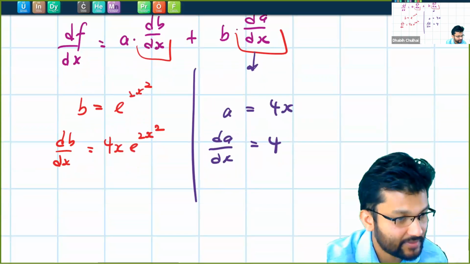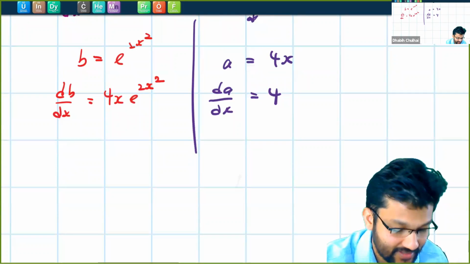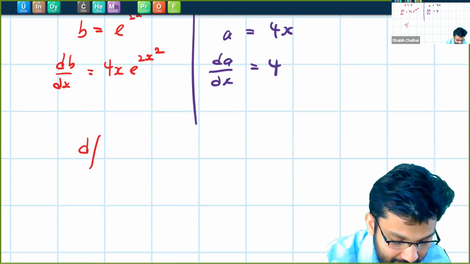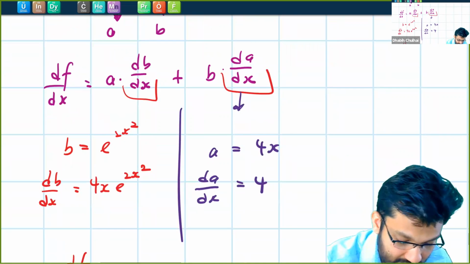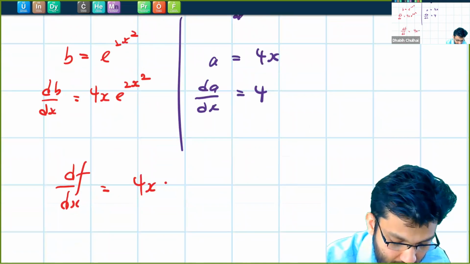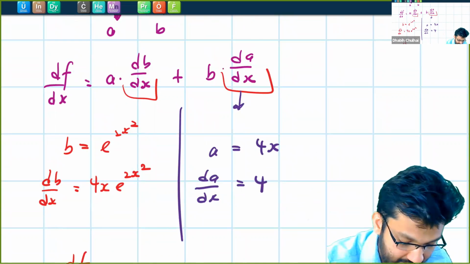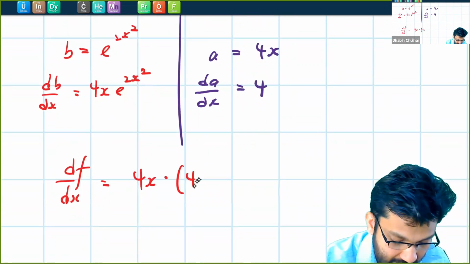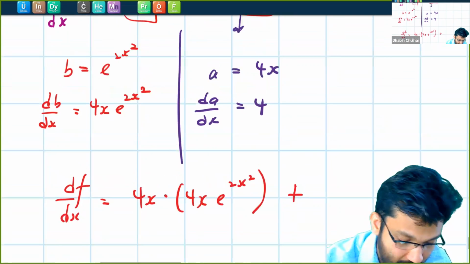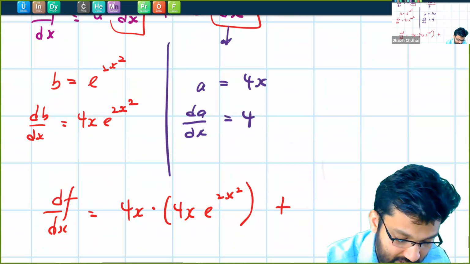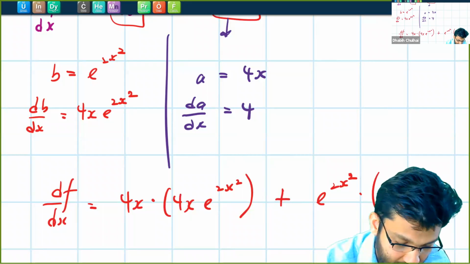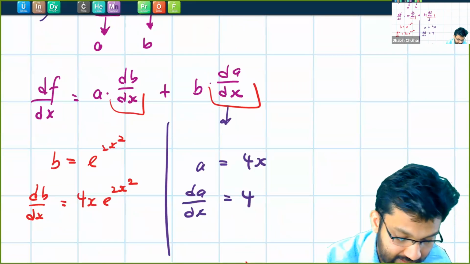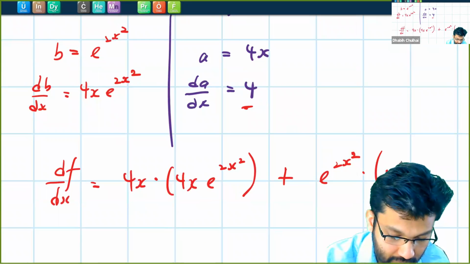So everybody still with me? So let's put this all together. df/dx is equal to a, which is just 4x, times db/dx, which is 4x times e to the 2x squared, plus b, which is e to the 2x squared, times da/dx, which we said was 4.